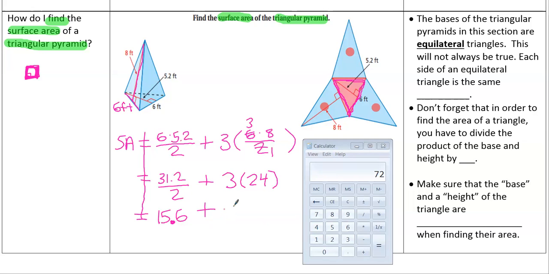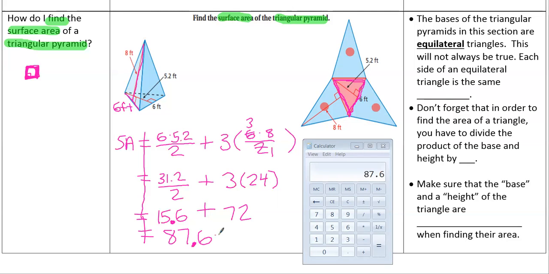And now I can just add the 72 plus the 15 and 6/10. I should be able to do that in my head too, but it's 87 and 6/10. I'll actually do it in my head after I've already done it in the calculator. 87 and 6/10.